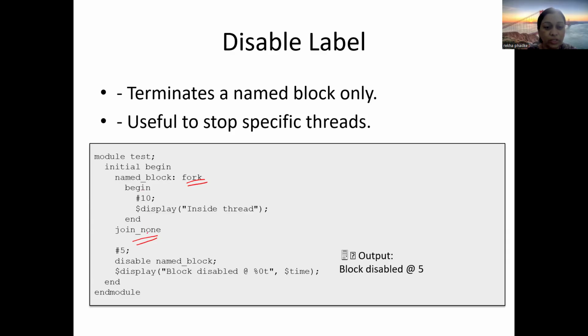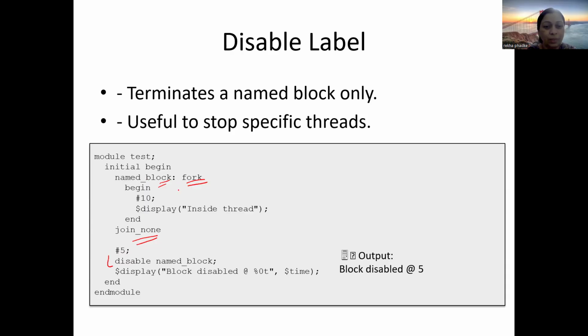So it's join_none. So the block disabled at 5 immediately happens at #5. At #5, disable named_block. So I'm disabling the block. Which fork block am I disabling? The fork block which is named as named_block. This one. So disable named_block.